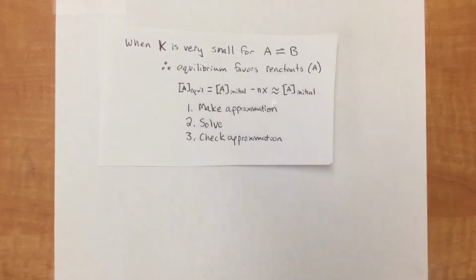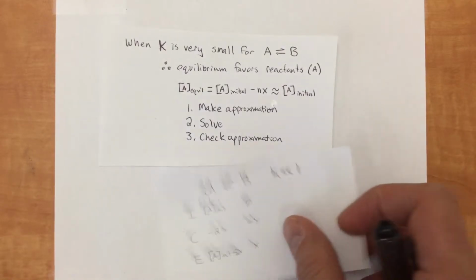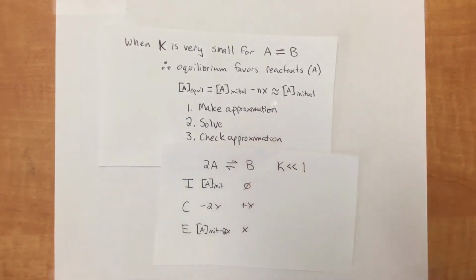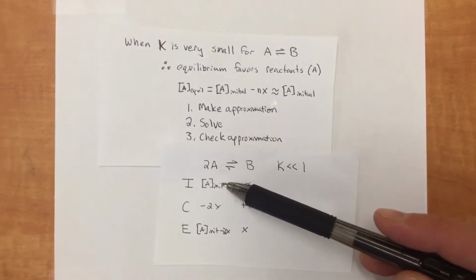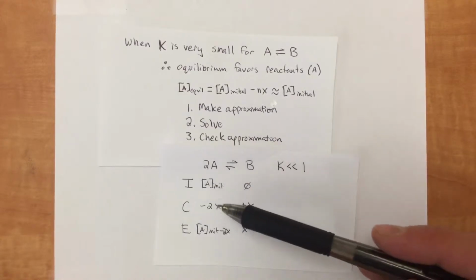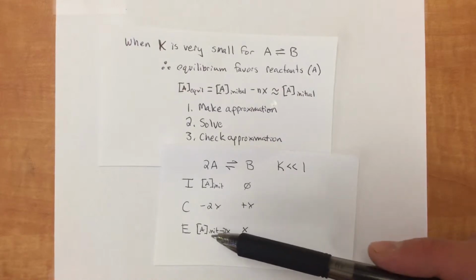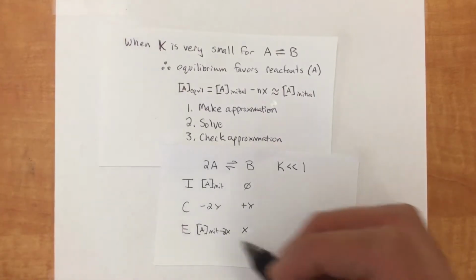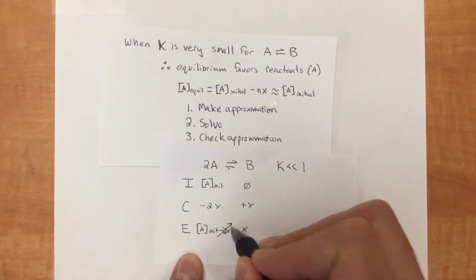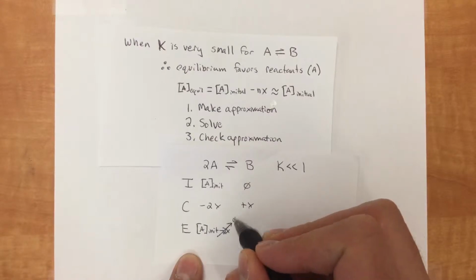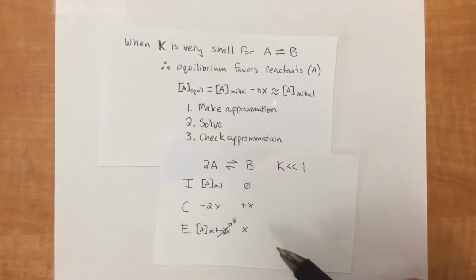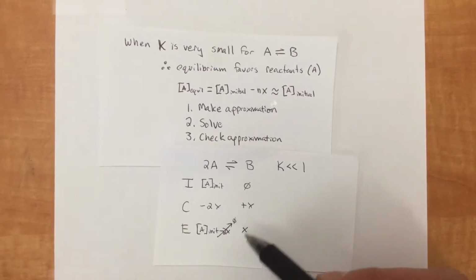Therefore, when we use our ICE table for a given reaction, we will find that the amount of loss from our initial value, in this example minus 2x, will be very small. So we can assume that this is so small that we will ignore it. It is important to note, however, that we cannot ignore this x, as this value must be a real value and not the 0 that we started with.